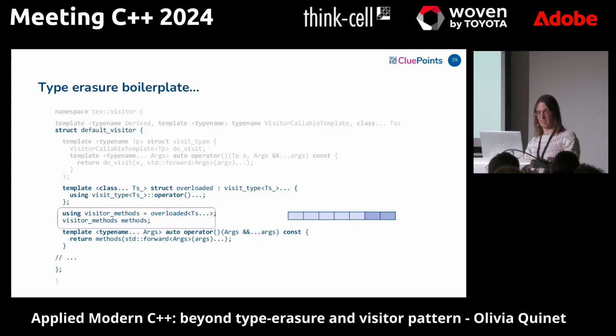And so, in fact, what that visitor will do is just hold that blue line that I showed you before. So it's all the possible visit methods for the given types. We don't know what to do yet, but we know that we are going to be able to call something that needs to match the visitor callable template.